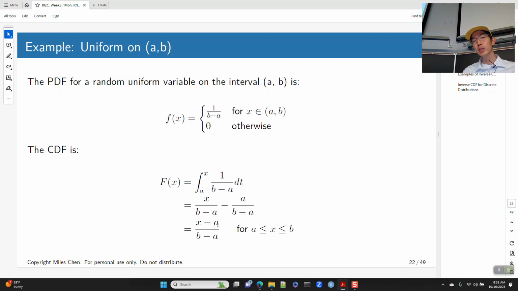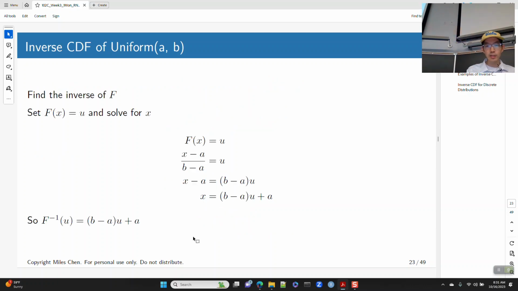We do 15 minus 10, which is 5, divide by 10, and the CDF of 15 is 0.5. We plug in 20, we get 1. If we plug in 10, we get 0. So that's exactly what we have.